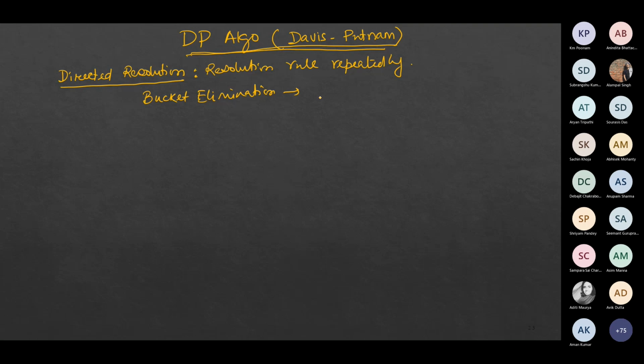For a given variable, I know which clauses are involved with this variable, so that I can apply, say, resolution on that particular variable. So what we'll be doing first is creating a bucket for each variable.